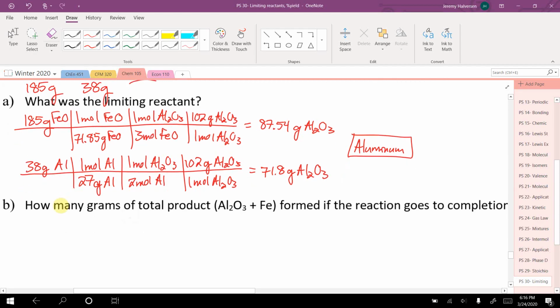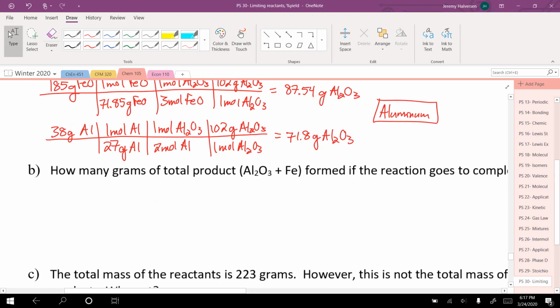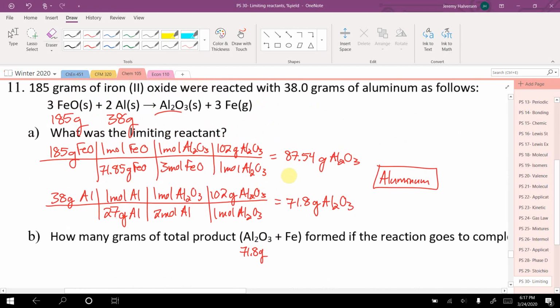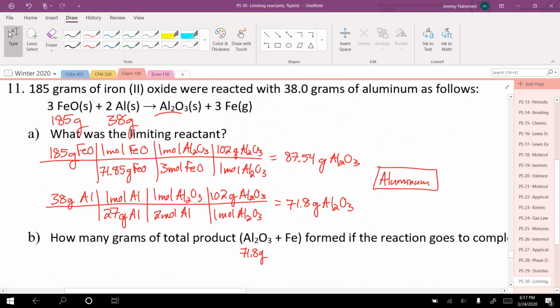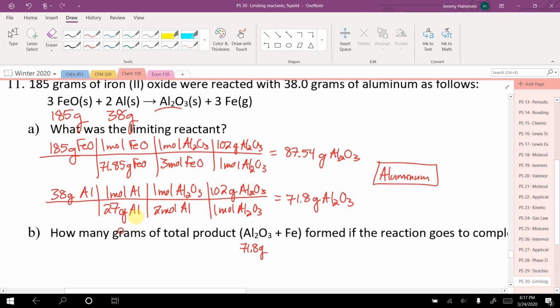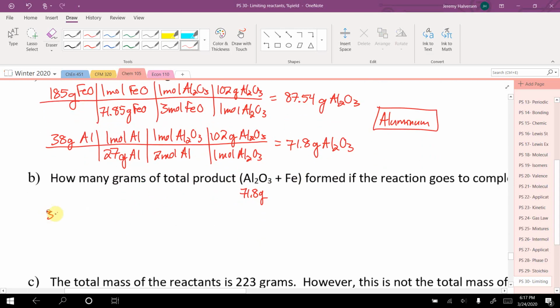How many grams of total product formed if the reaction goes to completion? All right, well, we already know how much Al2O3 we get, 71.8 grams, because that's based off our limiting reactant. Now we need to figure out how much iron we get. Again, it's going to be based off our limiting reactant, which is aluminum. So let's take our 38 grams of aluminum. Let's convert that into iron.